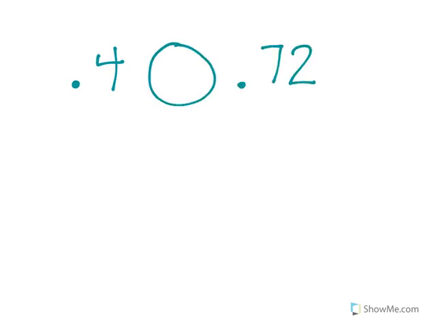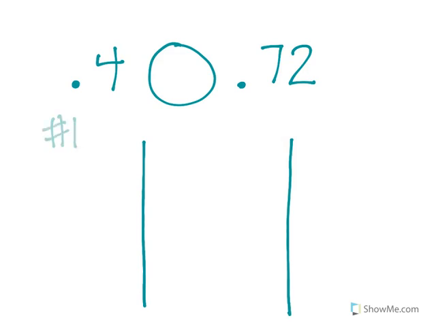So practice with me right here. Let's say I did 0.4 and I wanted to compare it with 0.72. I'm going to show you all 3 methods that I showed you before. So this will be number 1, meaning use the idea of money.